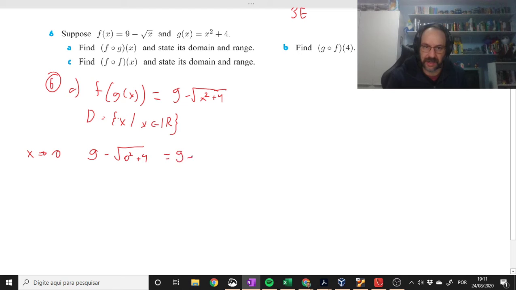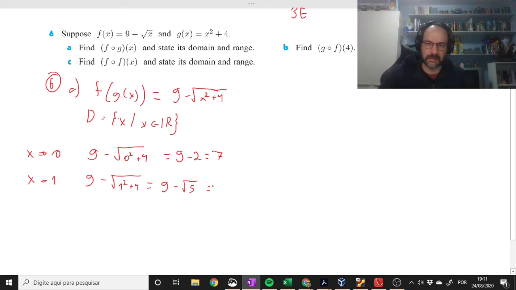We're going to have 9 minus 2, which is equal to 7. Now, what happens if we get a number a little higher than that? Let's add a 1. So we're going to have 9 minus the square root of 1 squared plus 4. So 9 minus the square root of 5.